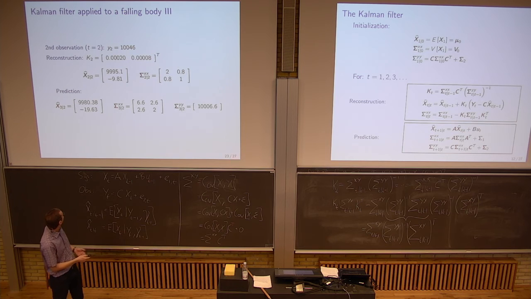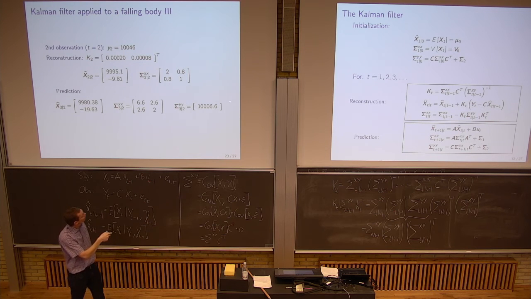The next thing is to make a prediction, like what we have down here. And our velocity is now increasing. And we can also see that the covariance matrix for the prediction is increasing quite a bit.